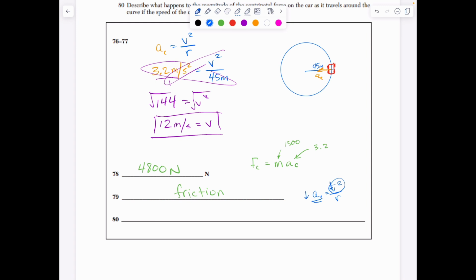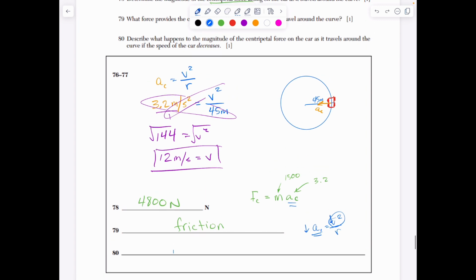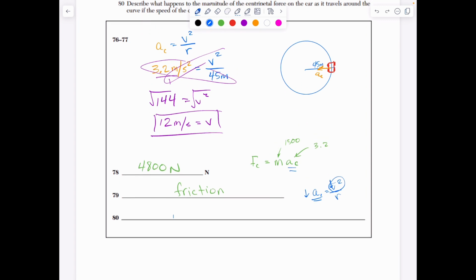And if that gets smaller, we would see that our calculation for force gets smaller. And so describe what happens to the magnitude of centripetal force. I could say centripetal force decreases.